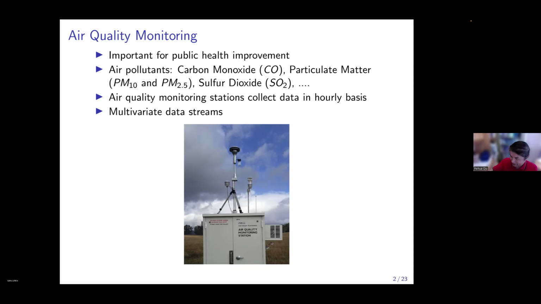At each hour, we have a long vector, where each element is an air pollutant. Then we have observations of that long vector over time, every hour. So it's a multivariate data stream. Data stream means data keep coming, just like a river. The water is flowing all the time. So the data collected by those air quality monitoring stations are in the format of multiple data streams.